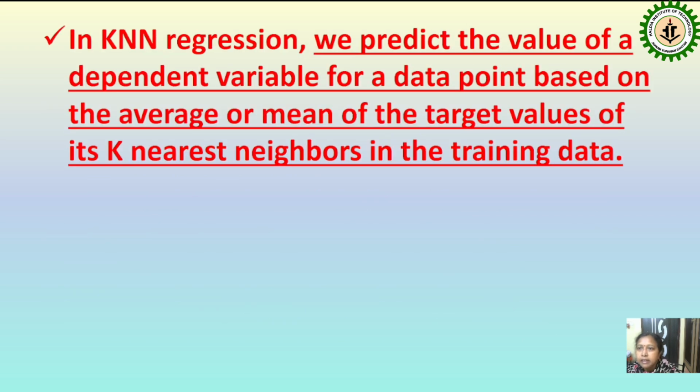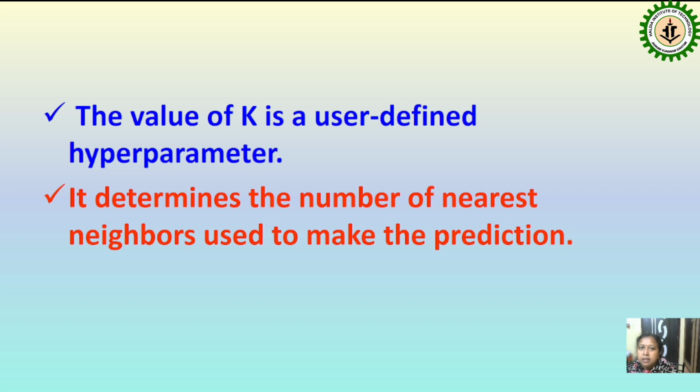Now in kNN regression, we predict the value of a dependent variable for a data point based on the average or mean value of the target values of its k nearest neighbors in the training data. Now the value of k is a user defined hyperparameter.